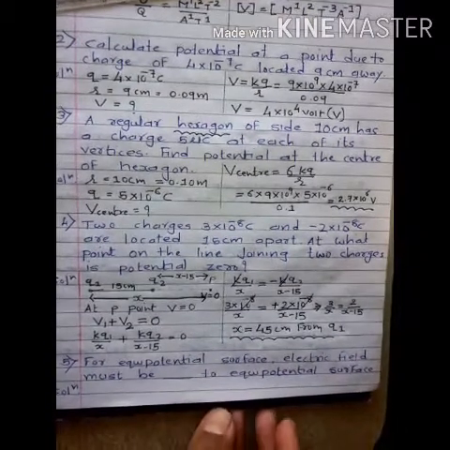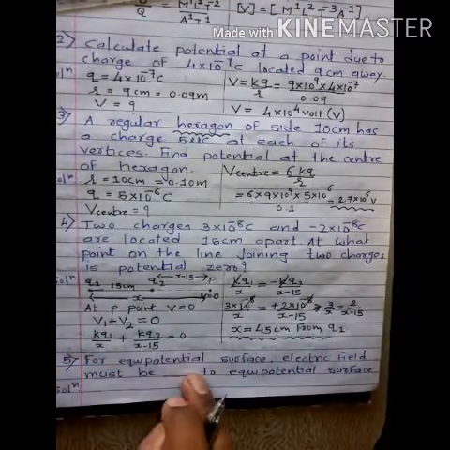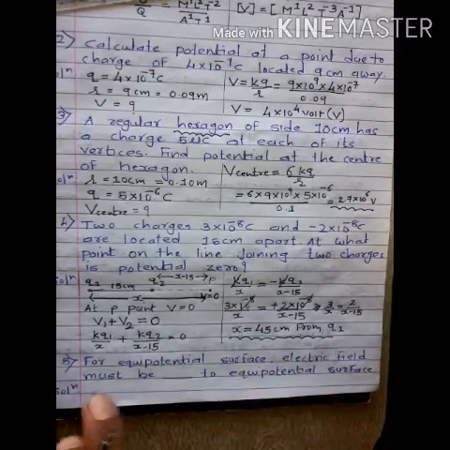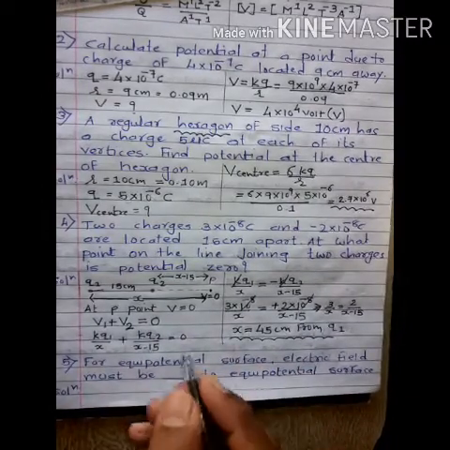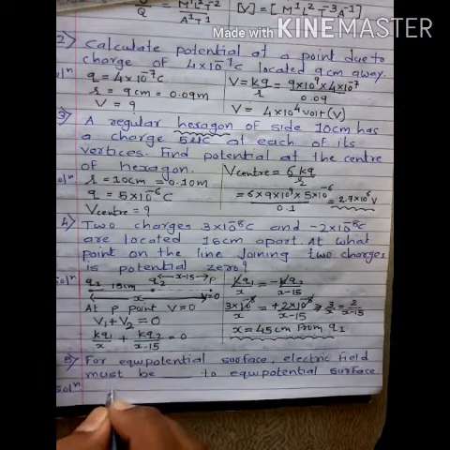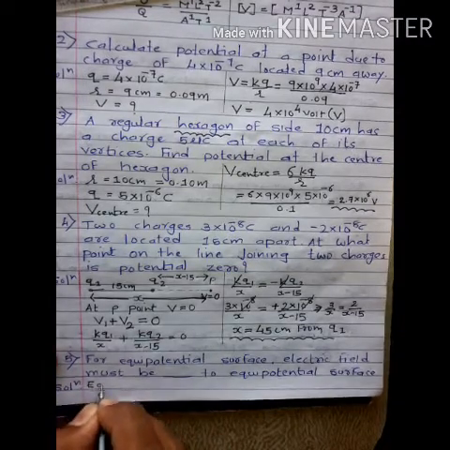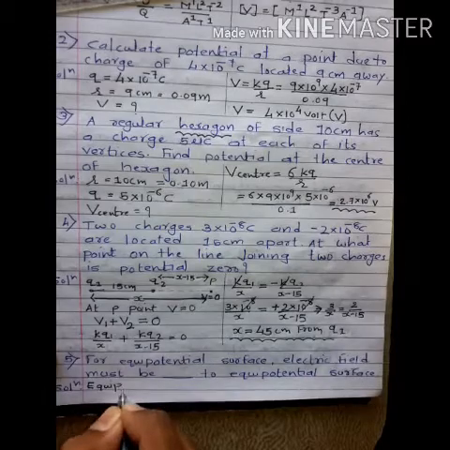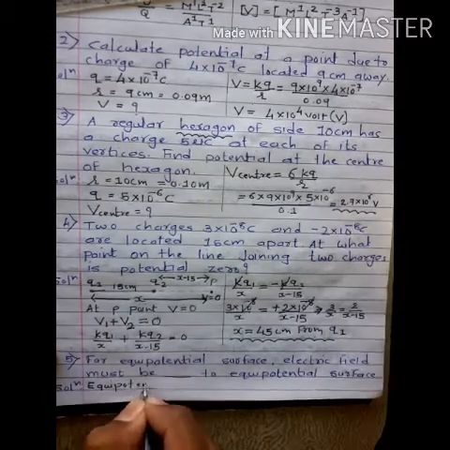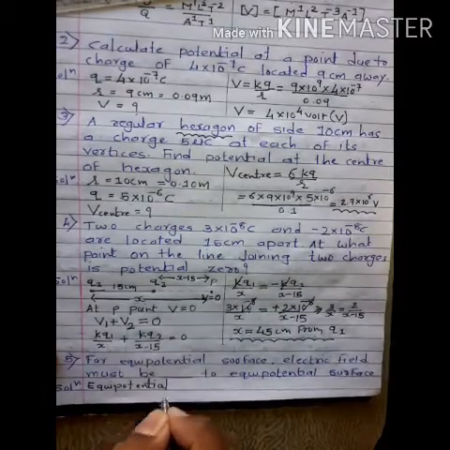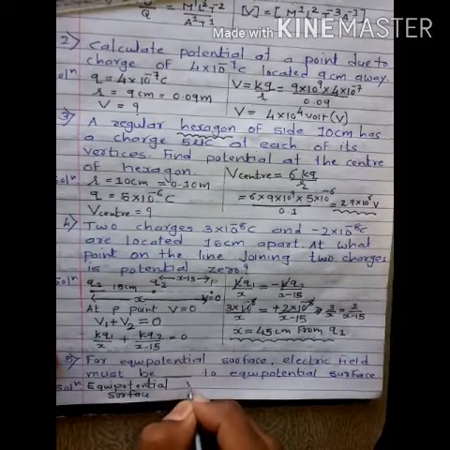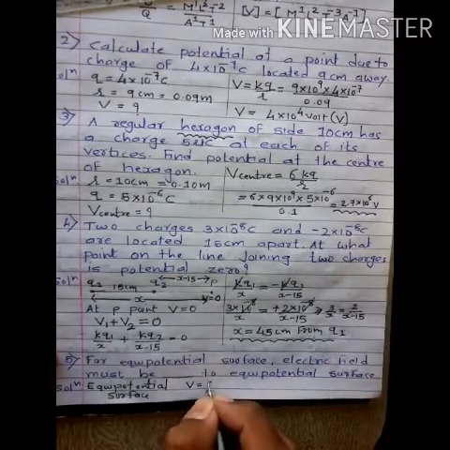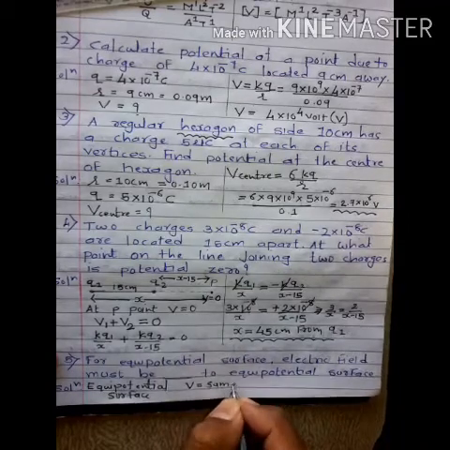Next MCQ. For an equipotential surface, the electric field must be blank to the equipotential surface. Now remember this point. Suppose we have an equipotential surface. This is an important topic for MCQ. For an equipotential surface, potential always remains constant. Potential is the same.